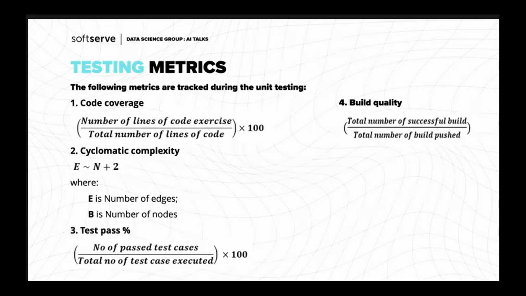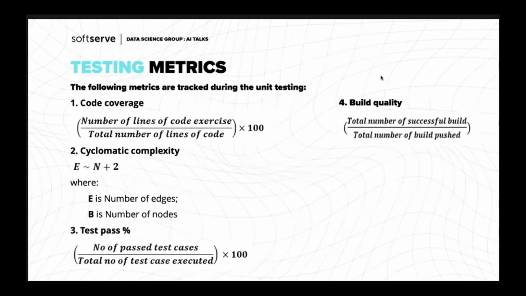And the third one is test pass percentage. This is a very rare metric because before going to production, we need to test everything on stage, and it might be the case that we don't have passing test cases before we deploy to production.